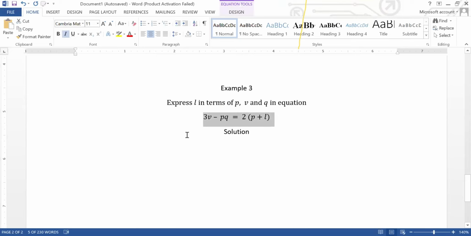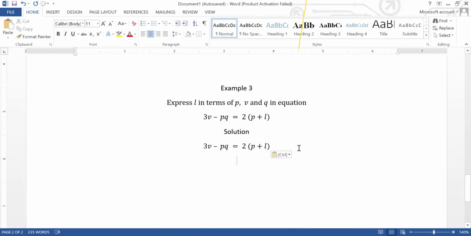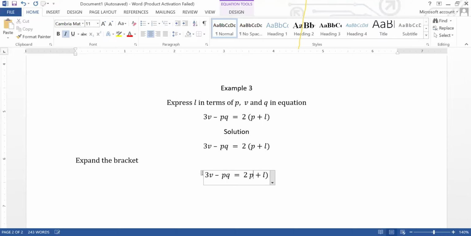When you see brackets, what do you do? You remove the bracket, right? So point 1, you expand the bracket. Right? So when you expand the bracket, you have 3V minus PQ equals 2P plus 2L. And that's how it's going to be. Then what do you do?